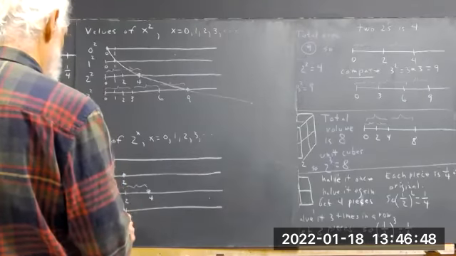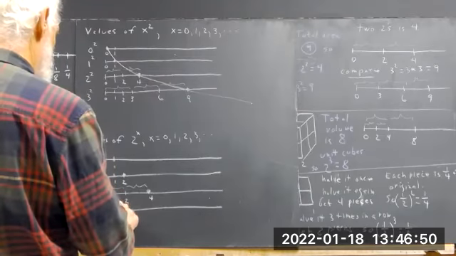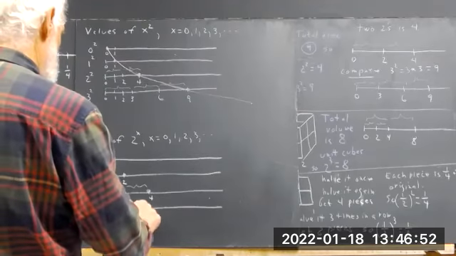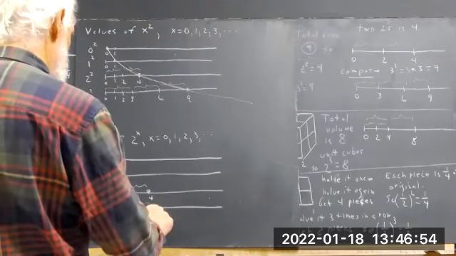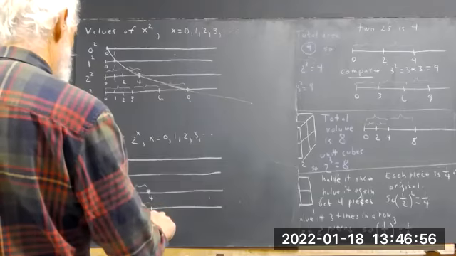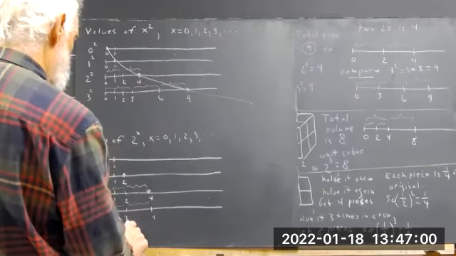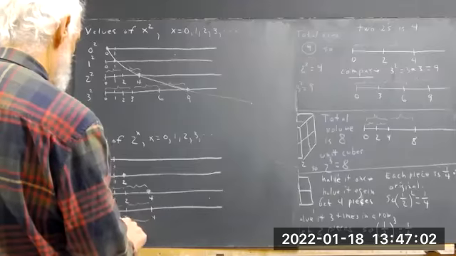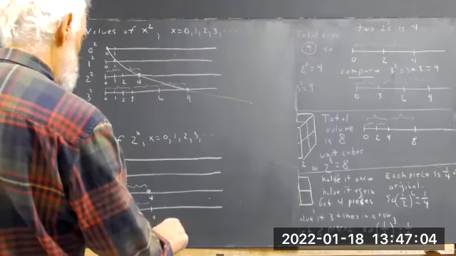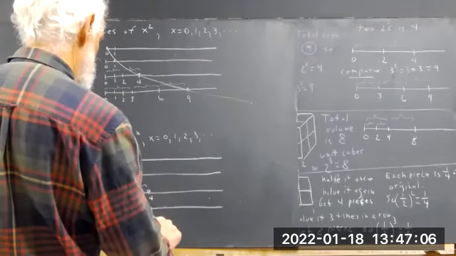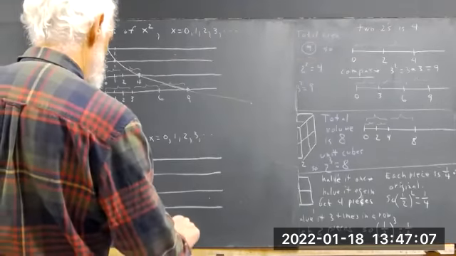We've got 2 here. So we get a couple of those. And that gives us 4. But then we need a couple of these. And that gets us all the way out to 8.